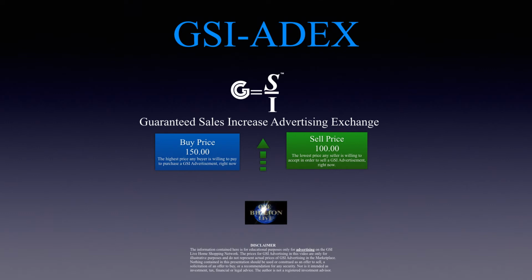Option 1, you want to trade your ad space. In this case, you look at the blue box on your left. That's the buy price. The highest price any buyer is willing to pay to purchase a GSI advertisement right now. The buy price is $150.